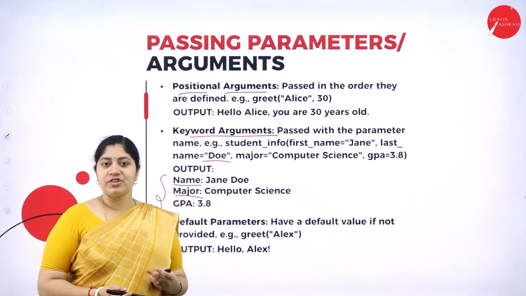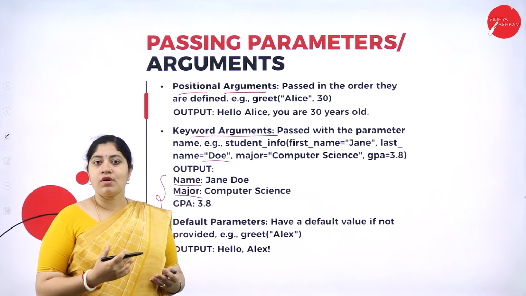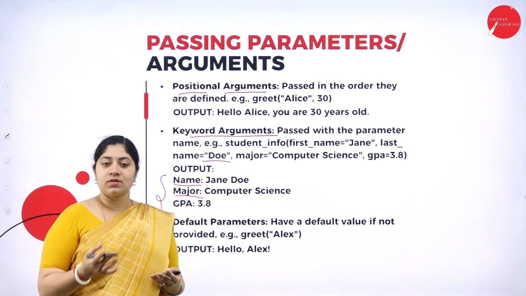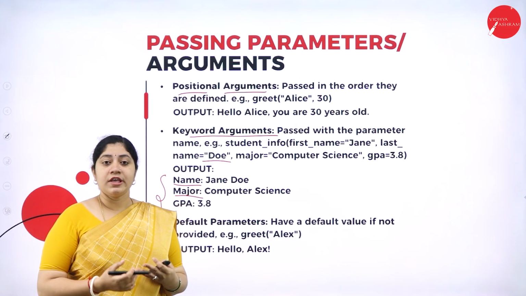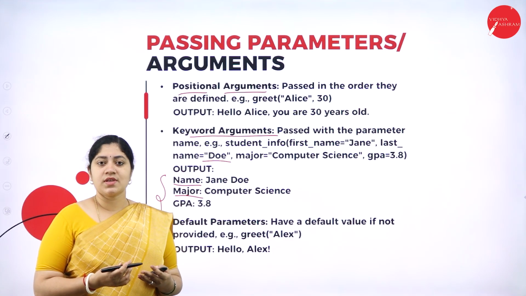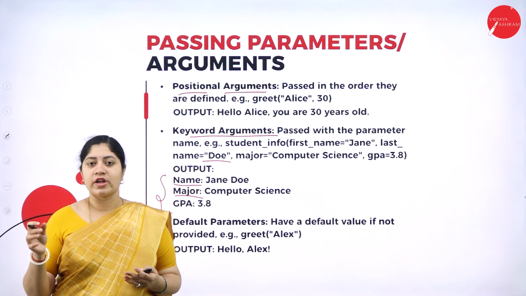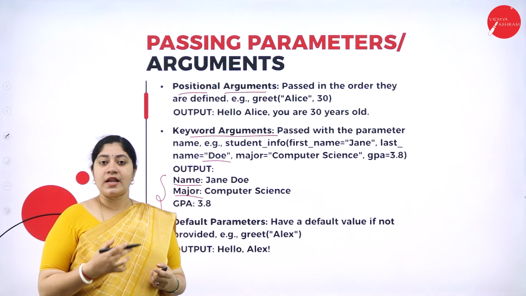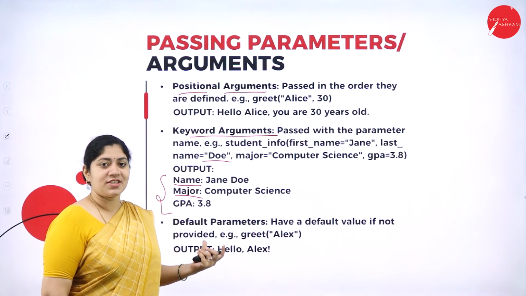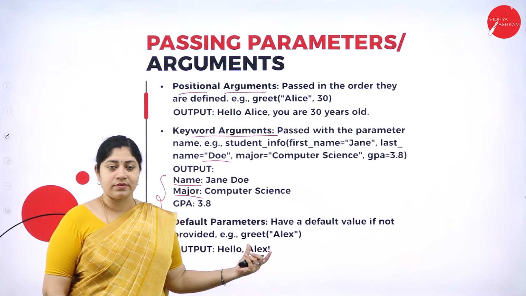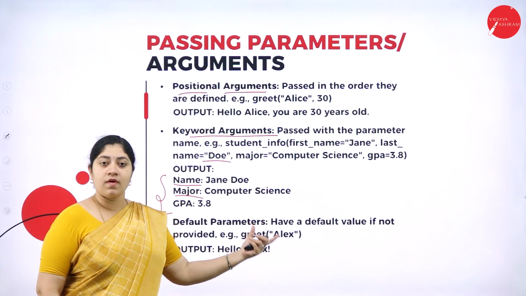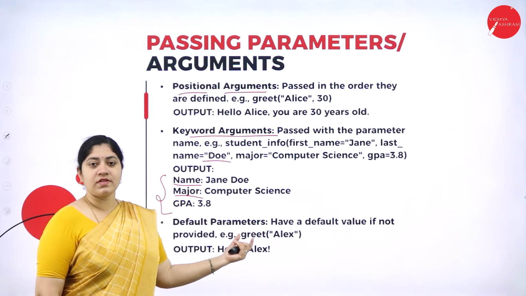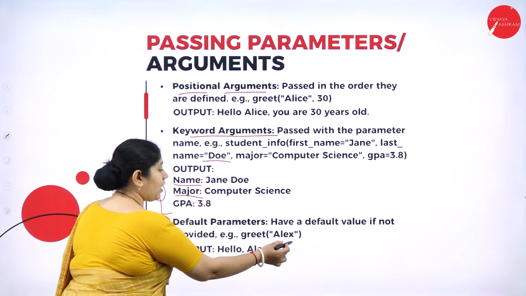The next type of parameter is the default parameter. Default parameters are used whenever we have forgotten to pass a parameter, or in many cases we believe the parameter will be filled in by default. This is handled by a default parameter, which gives a default value if nothing is defined. In the example here, we have considered a function greet followed by the name Alex.